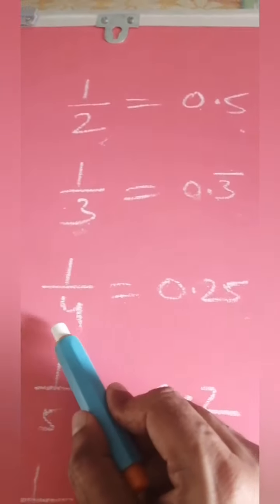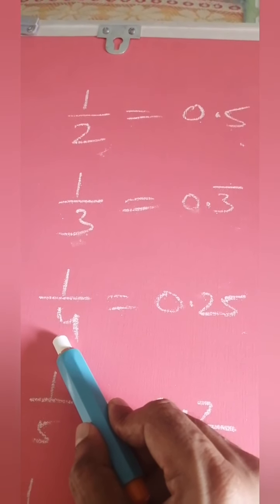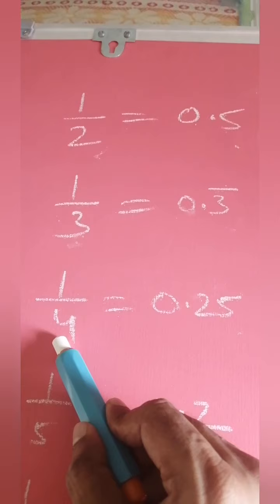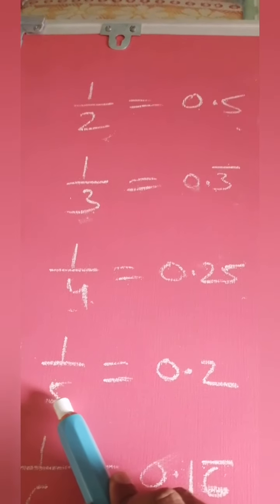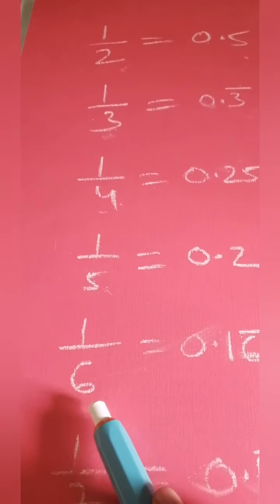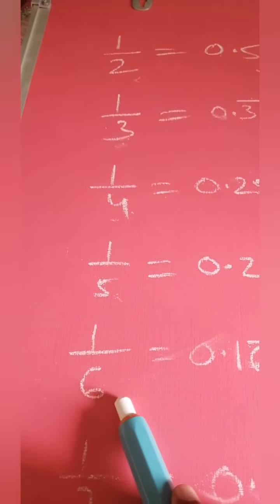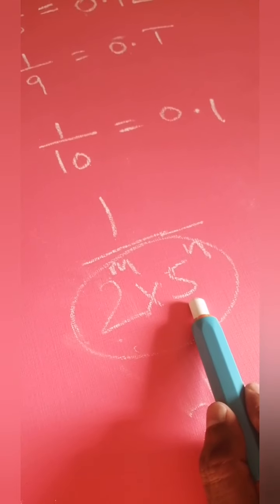It is terminating, again the same case, we are getting 2, though there may be 5, may not be 5, but the form is called 2 to the power m into 5 to the power n. Here 5 is there, 2 is not there, so here it is also terminating. 6, here 2 is there but 3 is also there, that means we must compulsorily have 2 and 5 only.